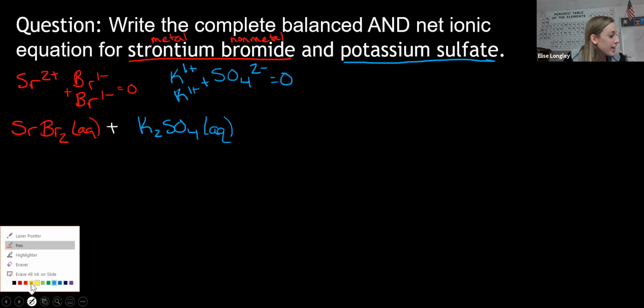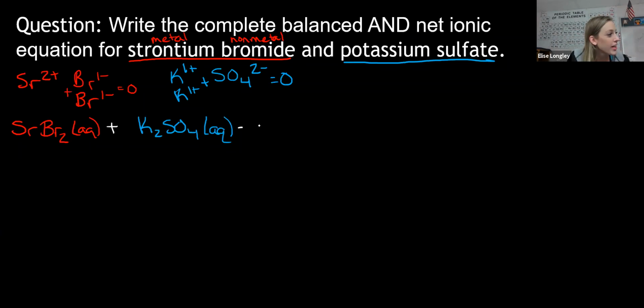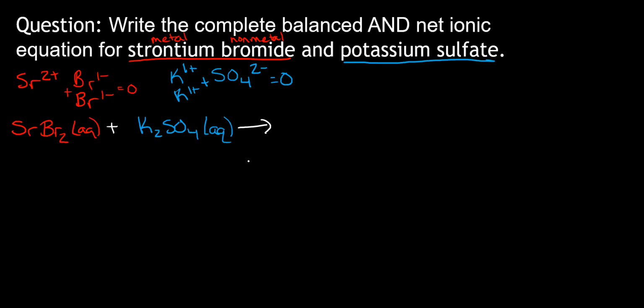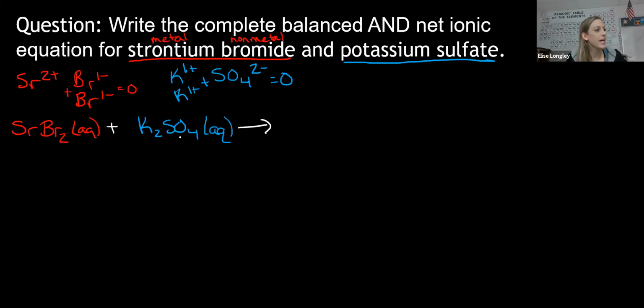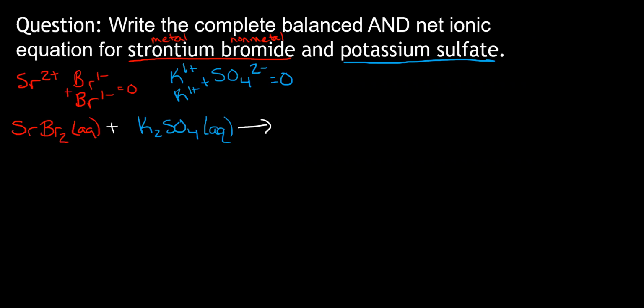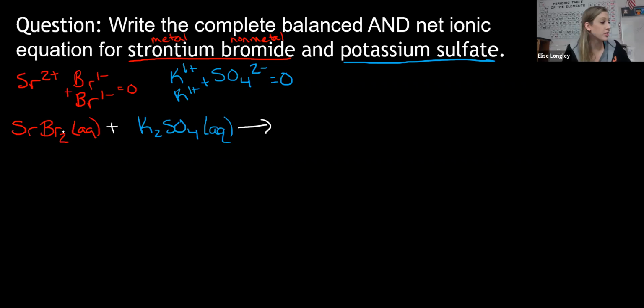All right, Sneha, you're up next. We have our reactants. We have our big arrow. What do we need to do now? We have to write the reactants and balance the equation. Yeah, we have the reactants, so we need to write the products. I'm assuming you meant products. Yes. Awesome. So how would I start doing that? What type of reaction is this?